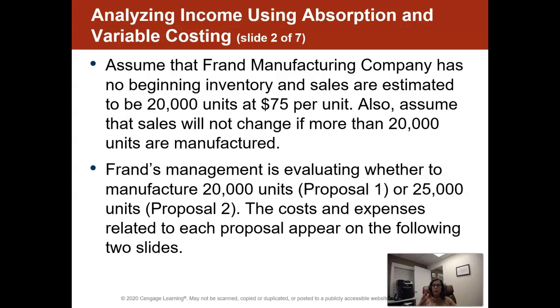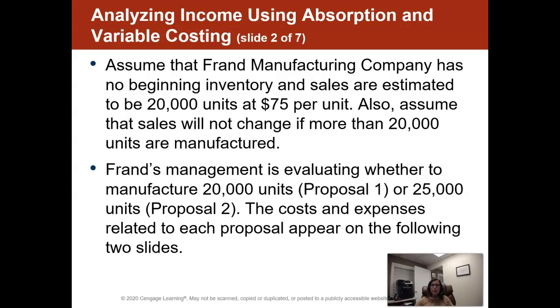So we're still going to sell the same amount even if we've manufactured more. Frand's management wants to know whether to manufacture the 20,000 units or 25,000 units. Now you're probably already guessing the answer to this, but we'll just play it out.